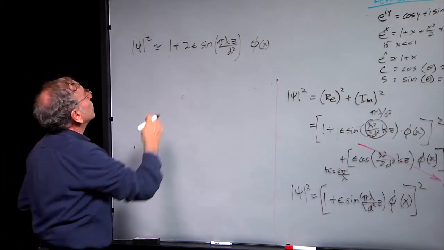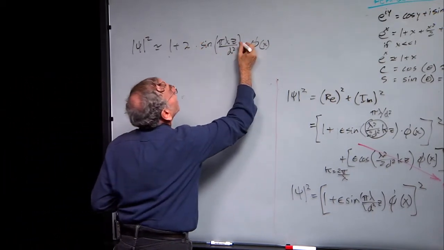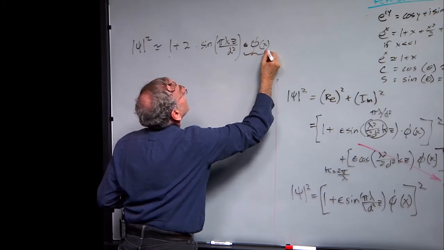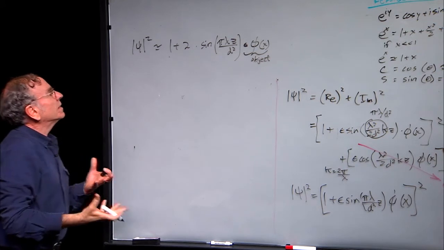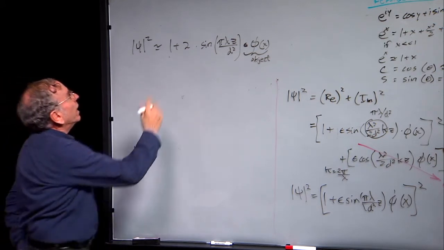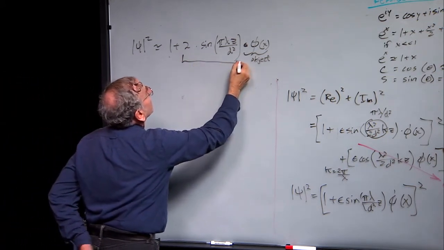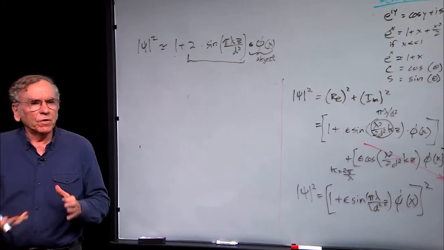And if I were to just move the epsilon over here, then we can say that this is the original object phase perturbation.